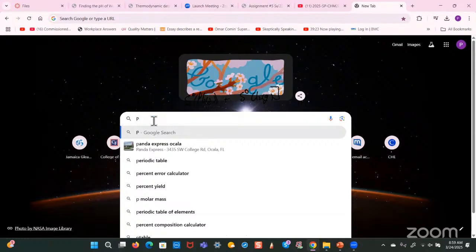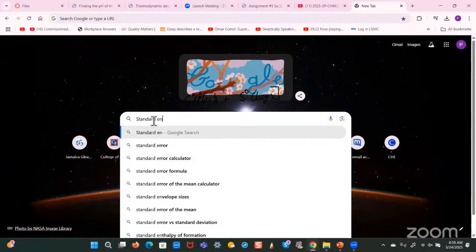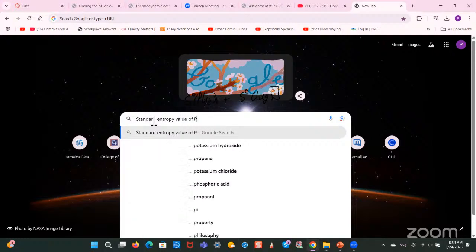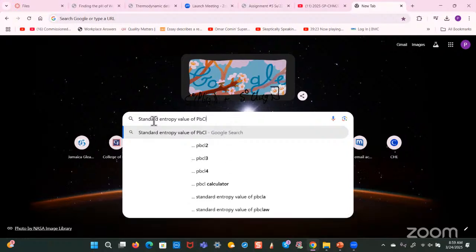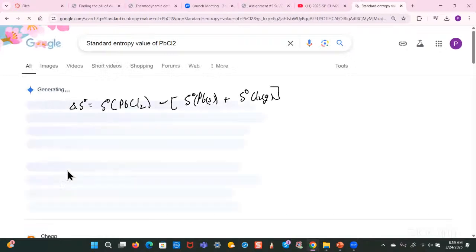So what I'm looking for is the standard entropy value of PbCl2. Let's see what comes up.